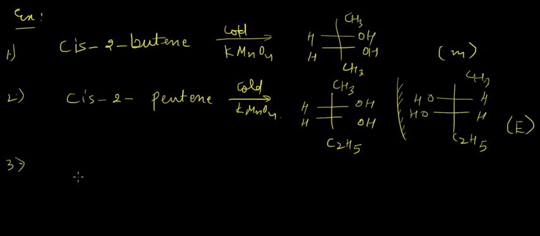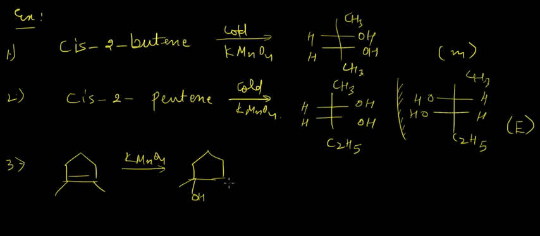We have a third example wherein we have something like this, and this is passed over with alkaline KMnO4. Then it would give something like this. Only this compound would be formed, and this would be a meso compound.